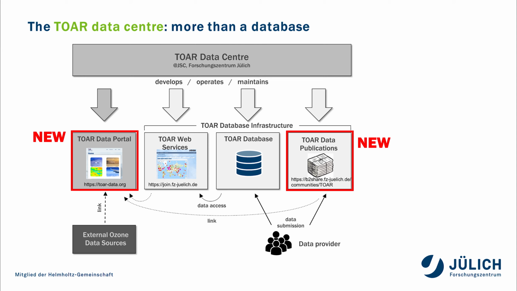And a new element that we are also building is the TOAR data portal with the domain toardata.org, which is really sort of a one-stop shop portal for ozone data.